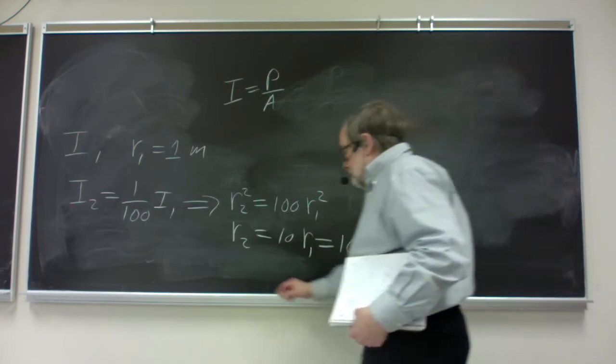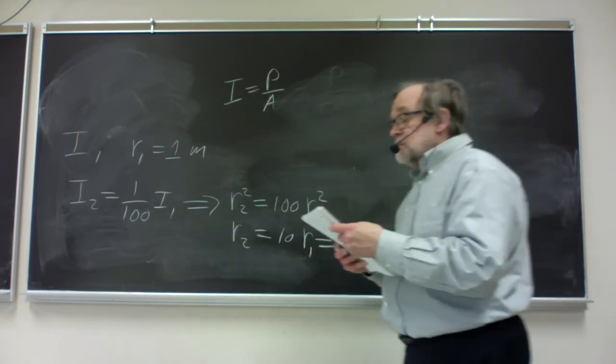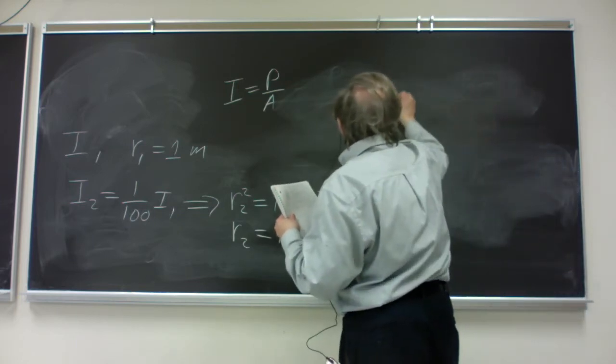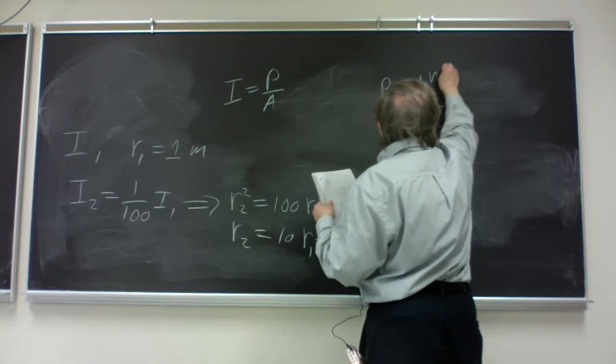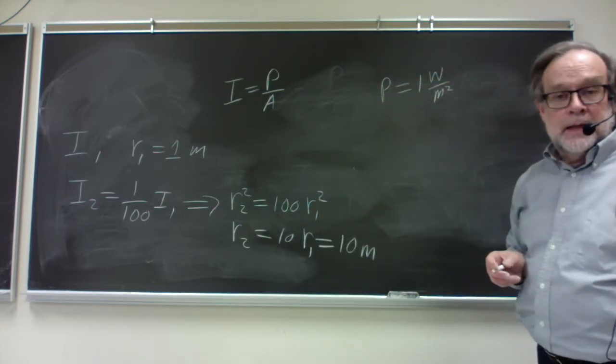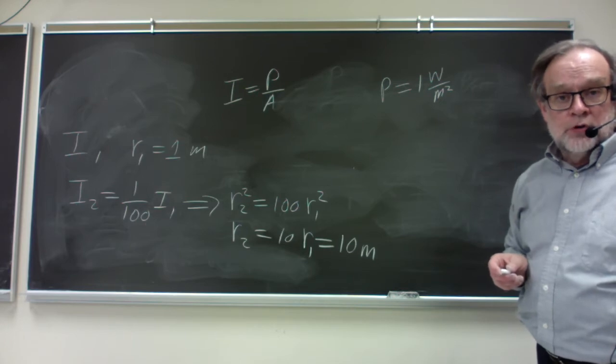For example, let's say the power in that light beam is 1 watt per square meter.